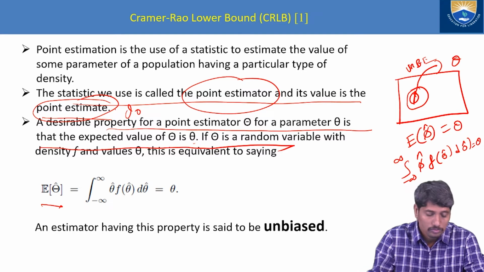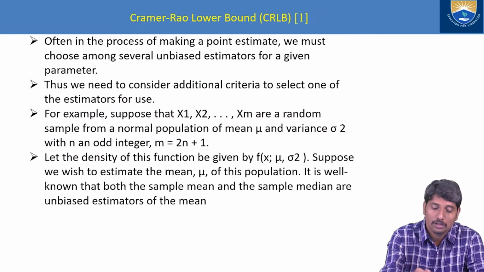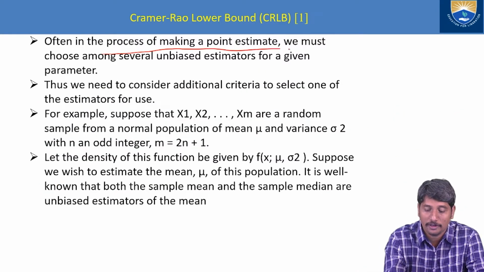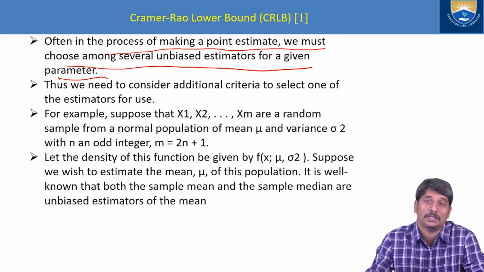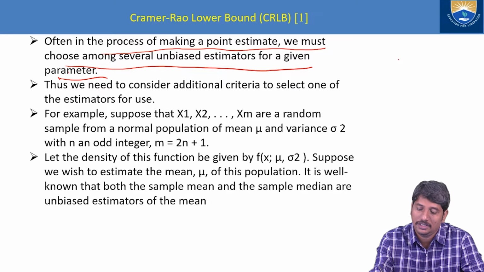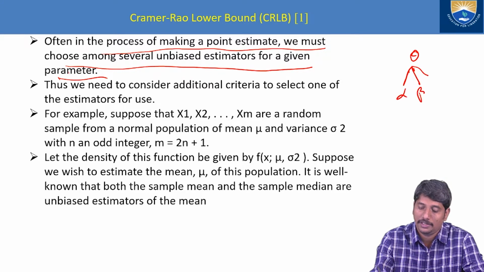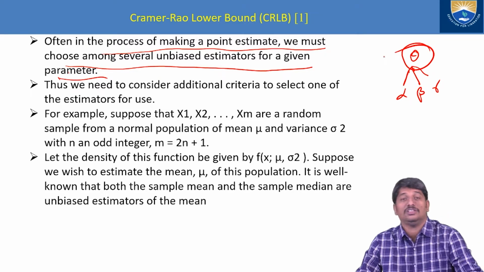Now, often in the process of making a point estimate, we must choose among several unbiased estimators for a given parameter. That means there might not be a single unbiased estimator for theta. Generally, there might be more than one, say alpha, beta, gamma, or three different unbiased estimators of theta. Then the challenge arises.